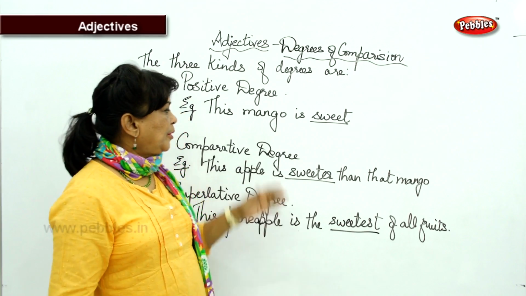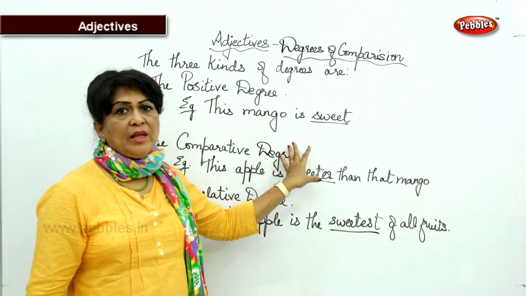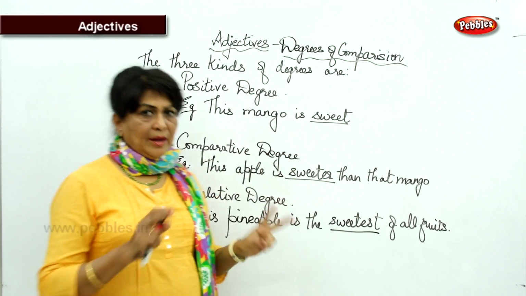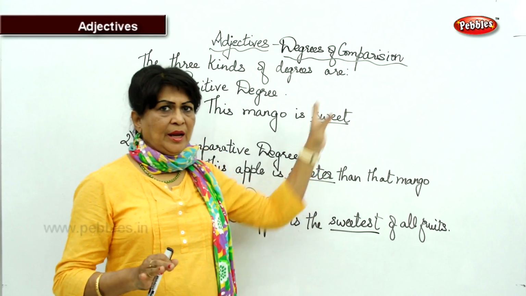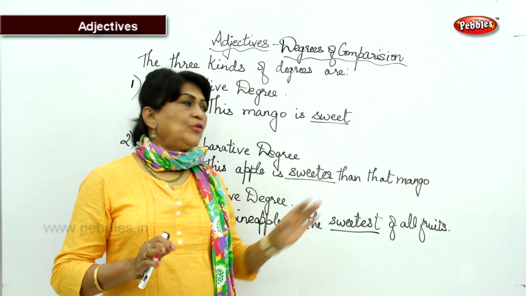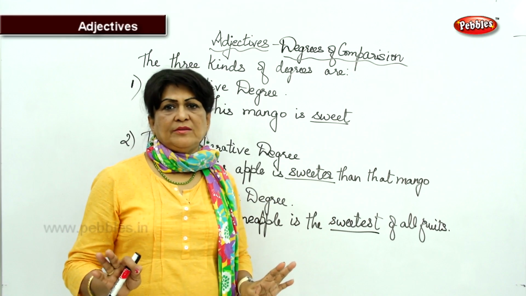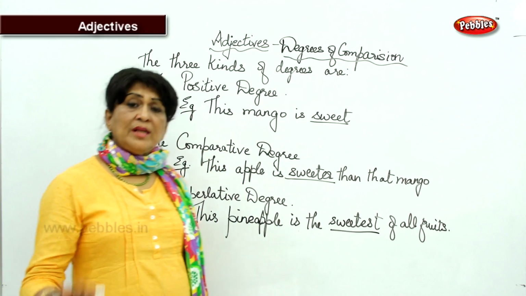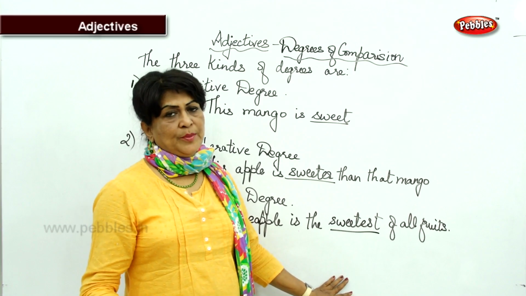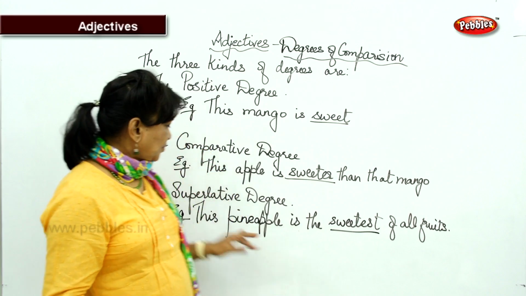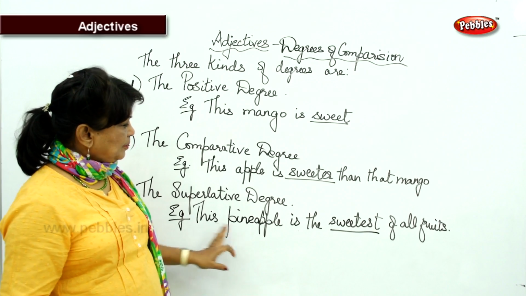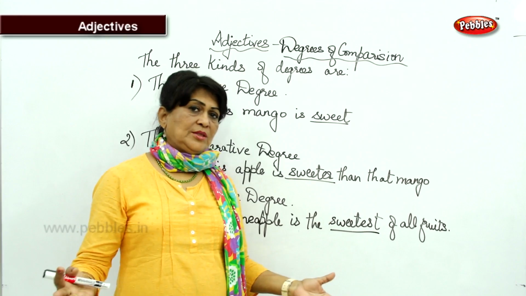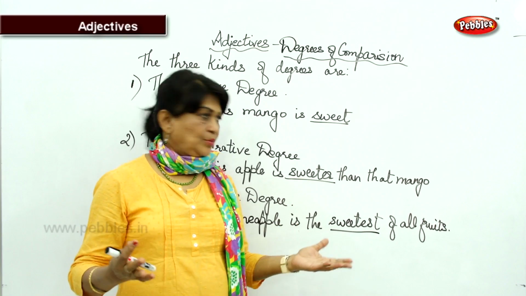So always remember, when we compare only two things, we cannot have the superlative. When we compare only A and B, then we can have only positive and comparative. We cannot have the superlative. But when we have more than two things, we can have the superlative. Do you understand now? For example, this pineapple is the sweetest of all fruits. All fruits, so more than one or two.